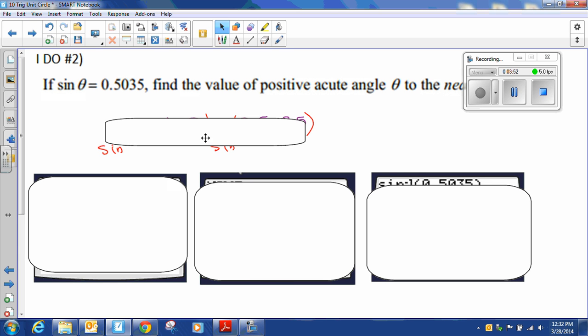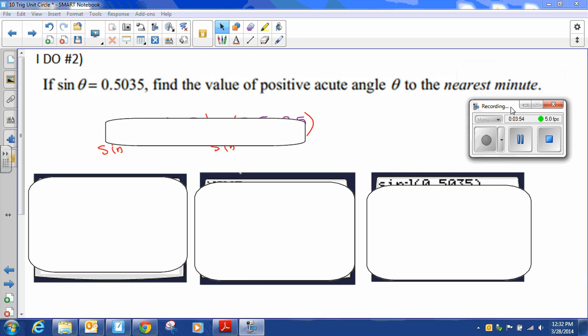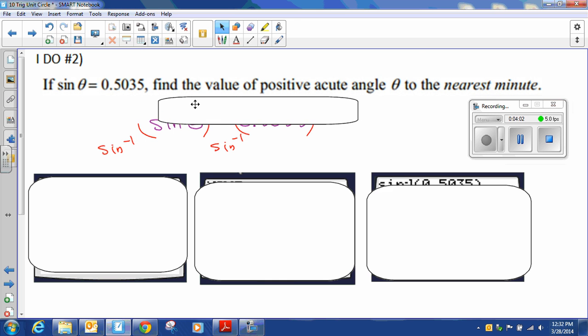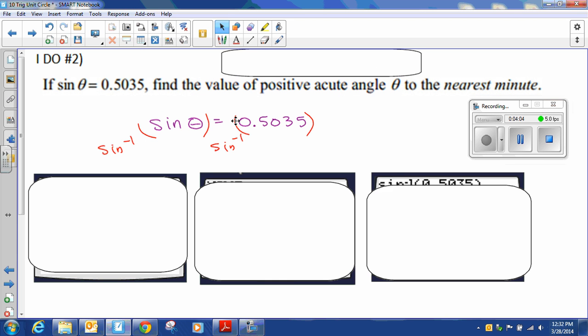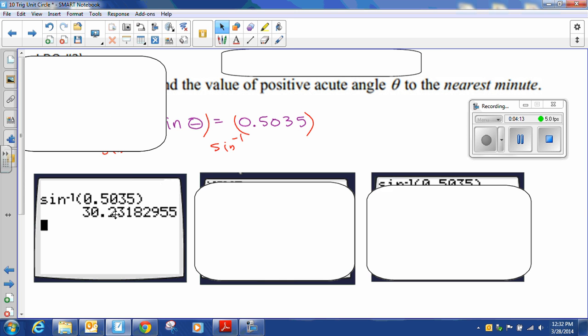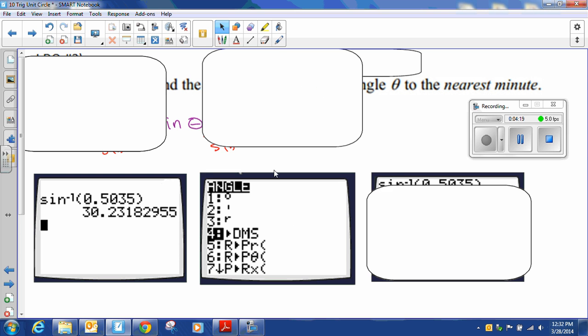Okay, number 2, here we want to express theta to the nearest minute. So we know that the sine of theta is 0.5035, so that means we need to do the inverse sine of both sides if you want to solve this algebraically. So, plug it in the calculator, we get 30.23, etc. Let's change it to DMS by hitting second apps.